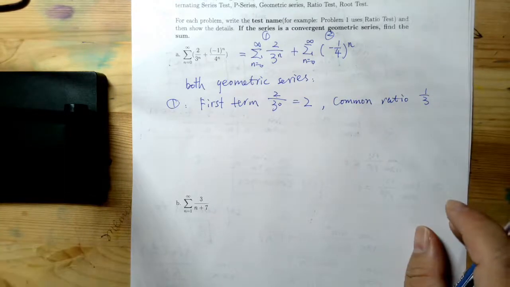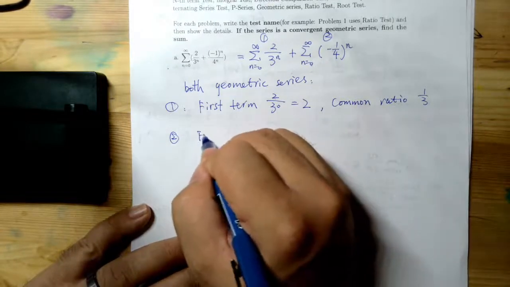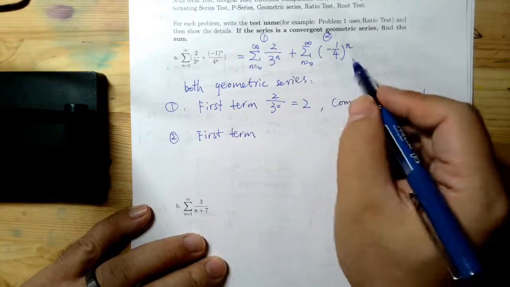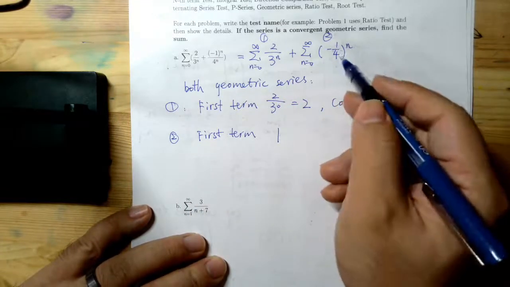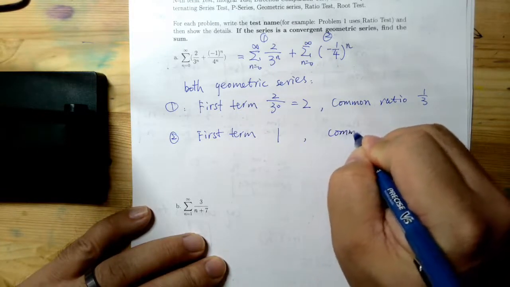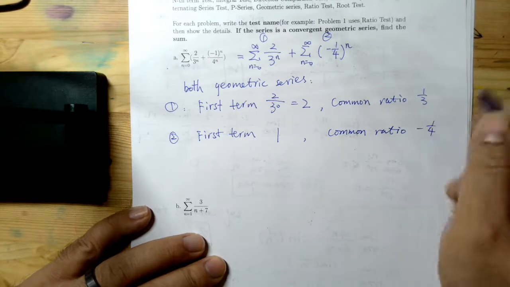For the second one, the first term is 1, which is just this one raised to the power 0, and the corresponding common ratio is negative 1 over 4.